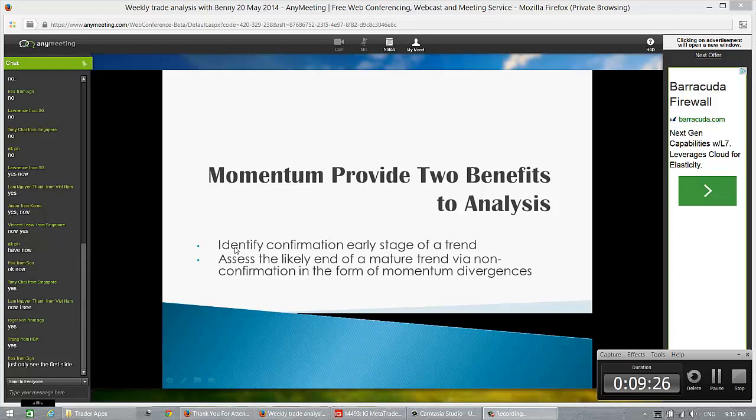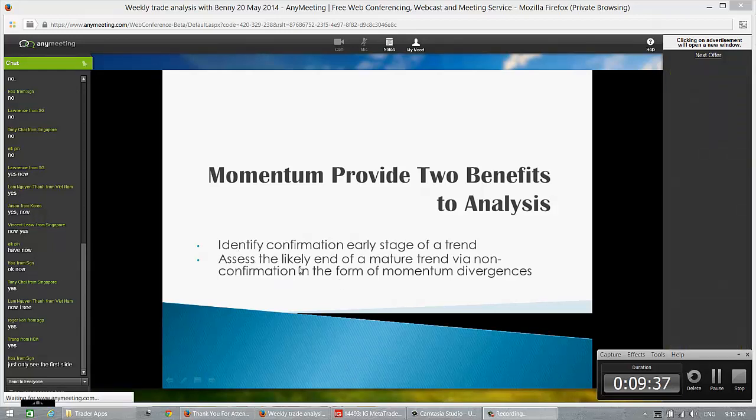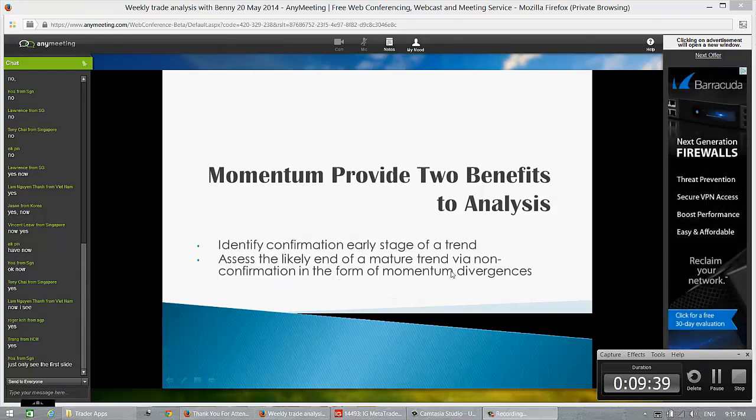Now, when we add in this 310, before we take any counter trend trade, we want to see this second point, to assess the likely end of the matured trend via non-confirmation in the form of momentum divergence. Basically, three pushes or loss of momentum.